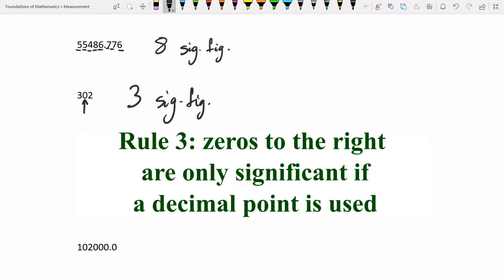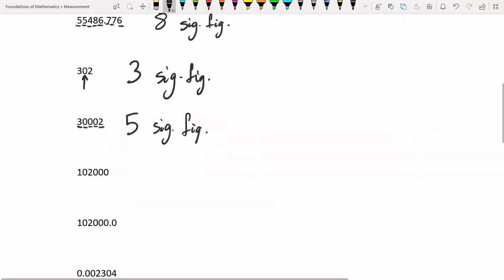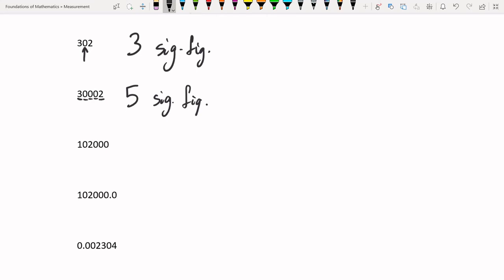A 0 to the right of a number is only significant if the decimal is placed. So in 102,000, there are 1, 2, 3 sig figs. The 0 counts because it's in between 2 non-zero numbers. But all of these zeros do not count as sig figs.